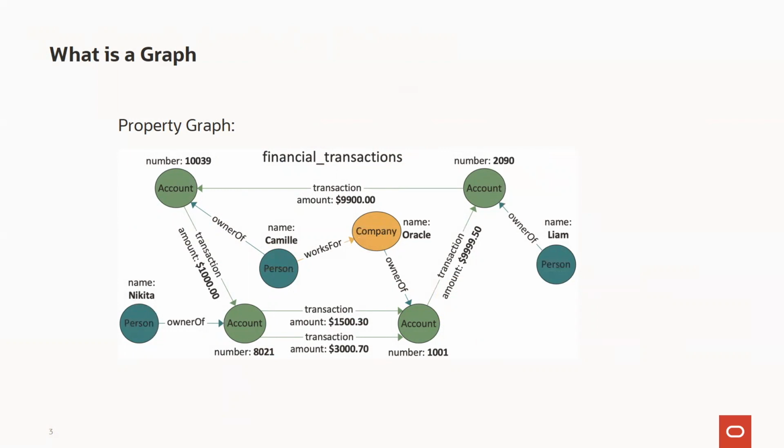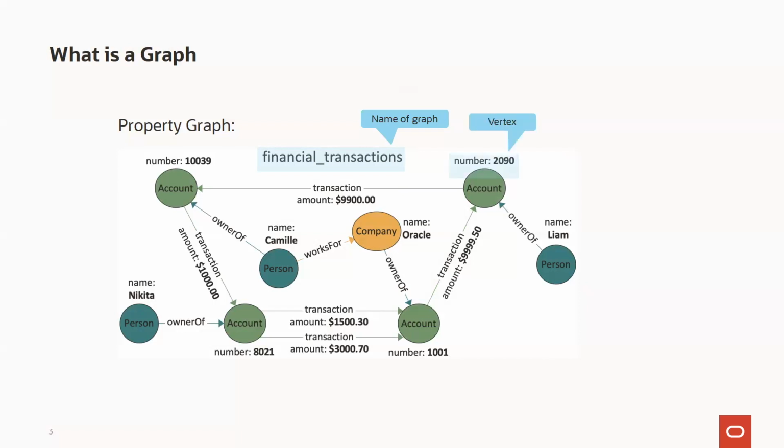Any graph will have a unique name associated with it, and in this case the graph name is financial transactions. The thumb rule of any graph is that it will have a vertex and an edge. A vertex is also considered a node, and an edge is the relation between different nodes.